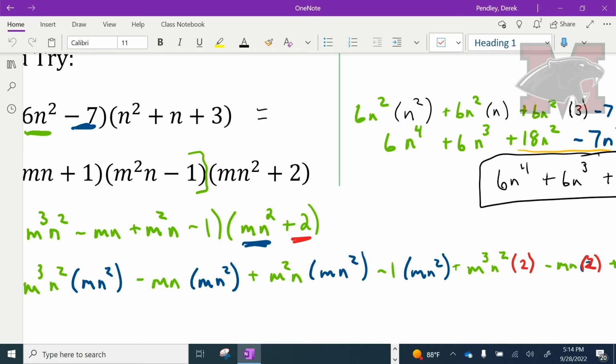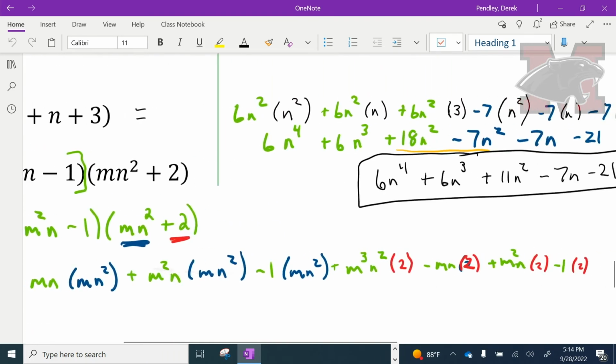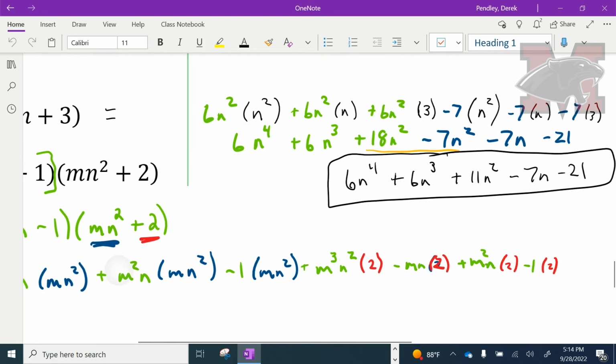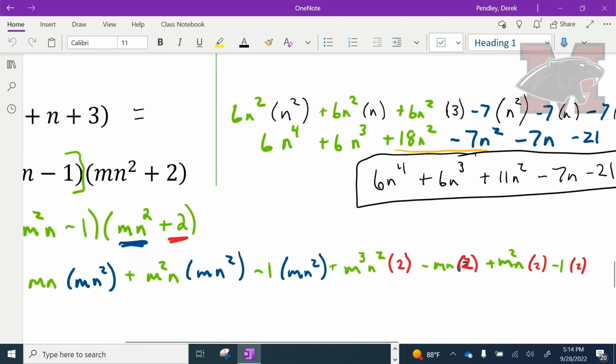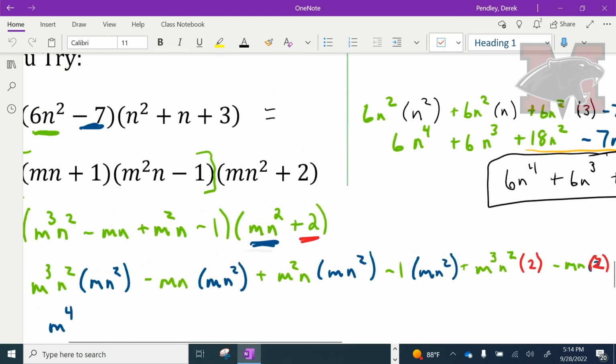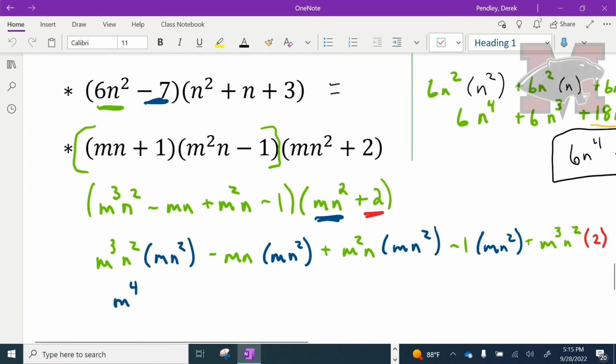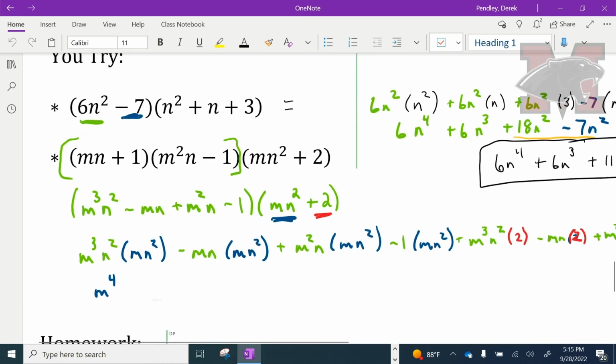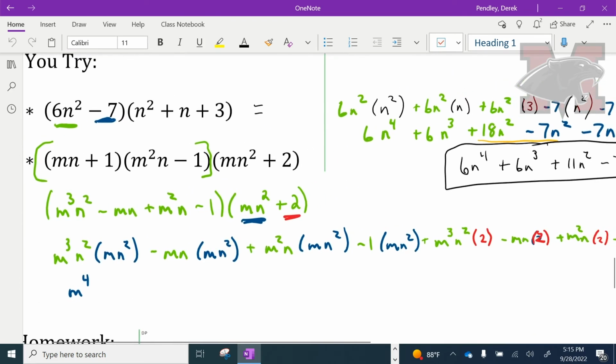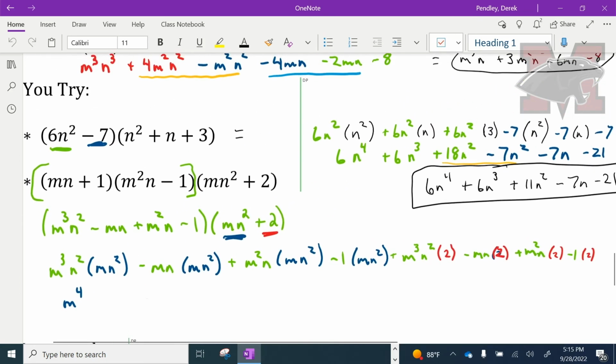So let's simplify this now. So I get m cubed times m is m to the fourth. Sorry, you couldn't see that last part. There you go. So make sure you have that. Now, what we're going to do is simplify this. Let me zoom out a little bit. It will help everybody out.